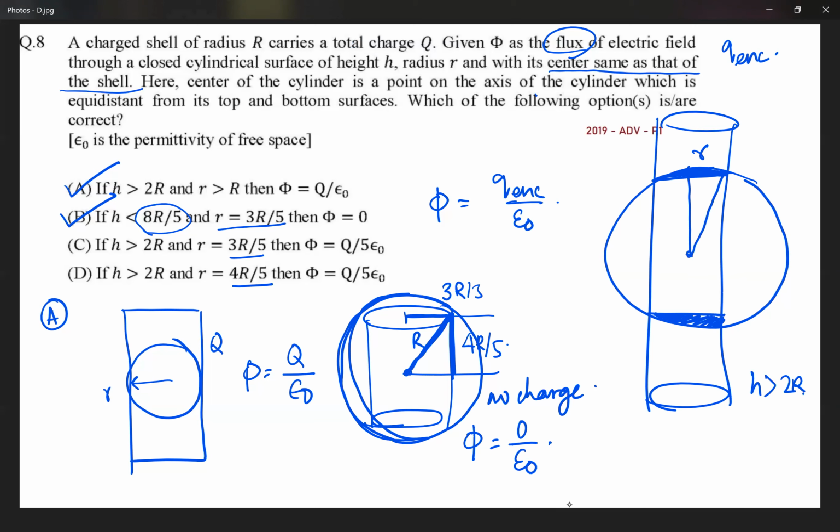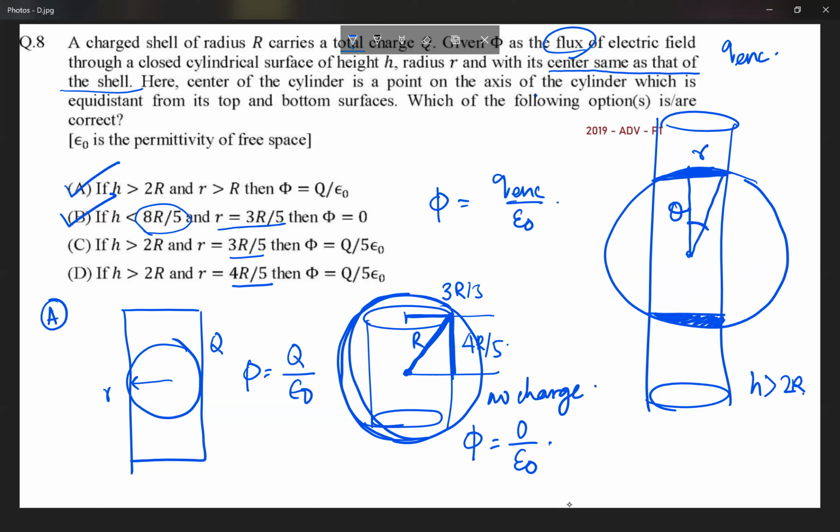So to find out the charge enclosed on these caps, let us say this angle over here is equal to theta. Instead of solving the integration, if you realize that theta is equal to pi, the area of the sphere is equal to 4 pi R square.